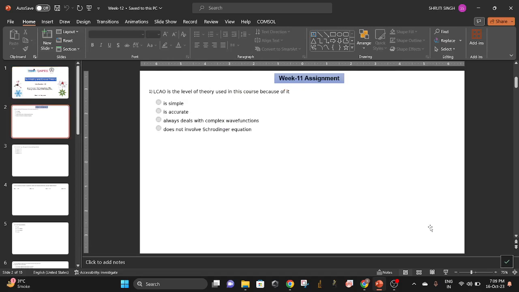In the week 11 assignment, the first question is: LCAO is a level of theory used in this course because... Now LCAO is linear combination of atomic orbitals. The answer is very simple.